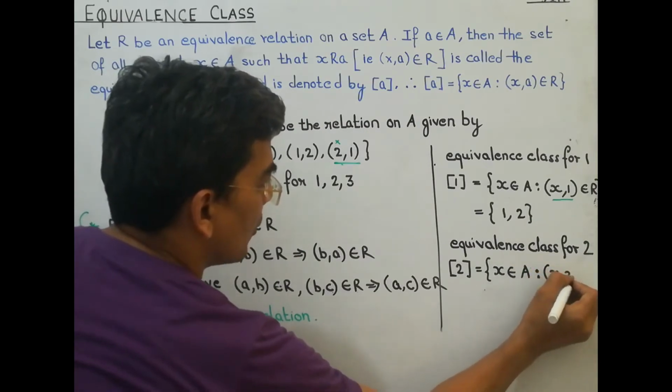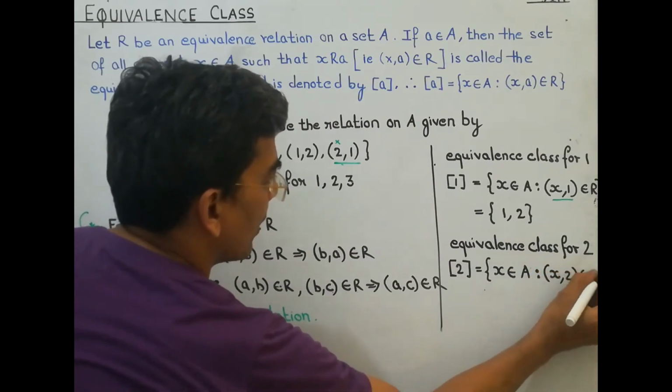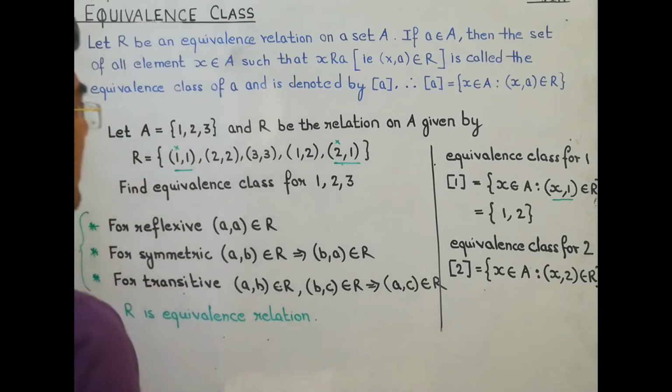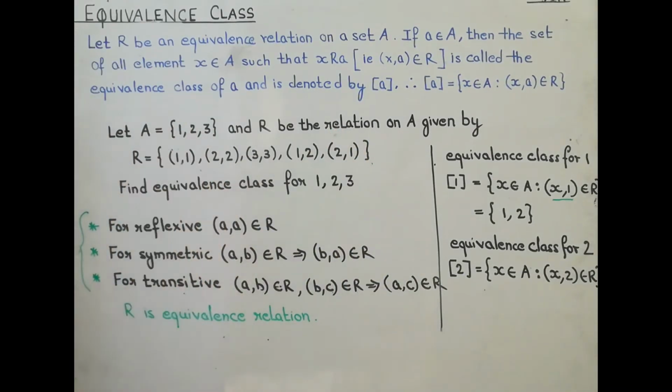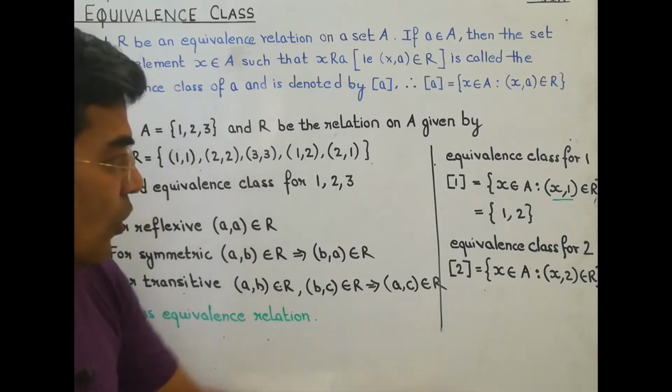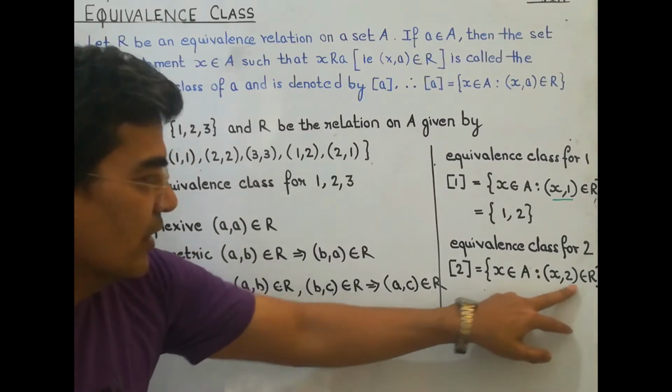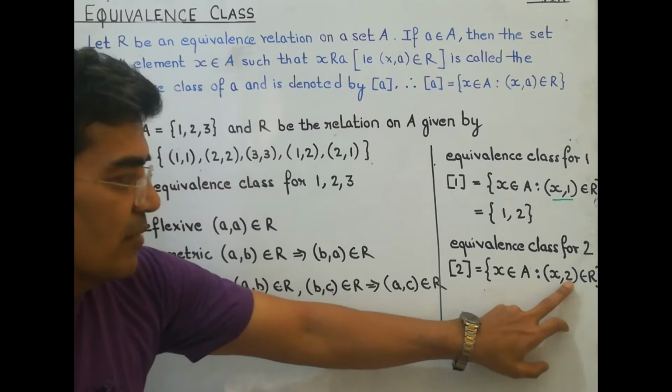So x comma 2 will belong to R. Now here this means we have to consider all the ordered pairs in the relation in which the second element is 2.